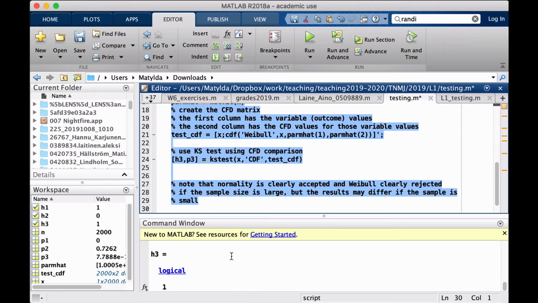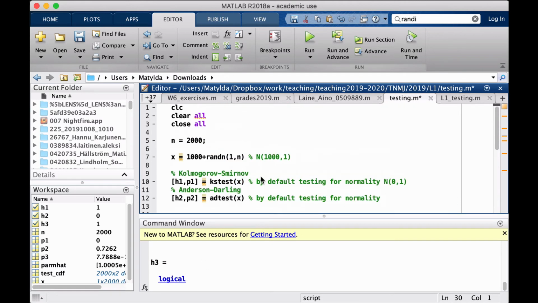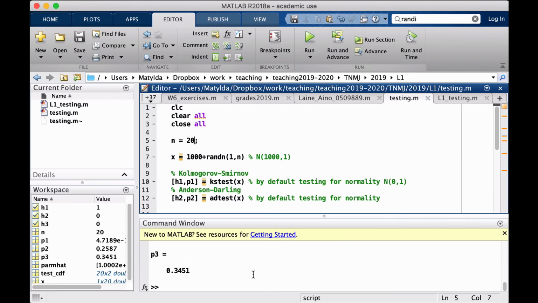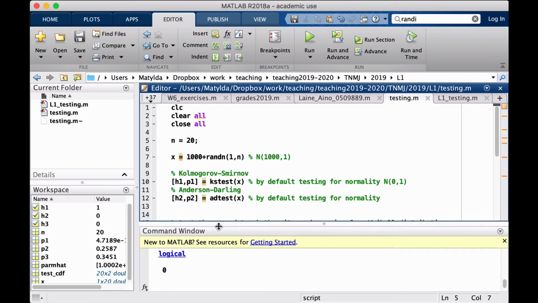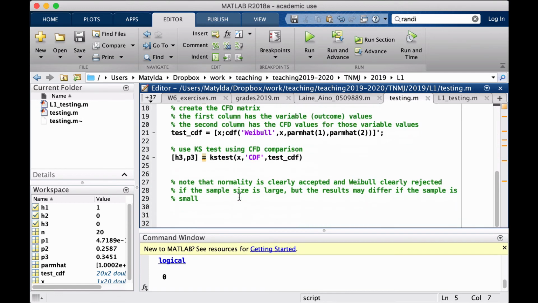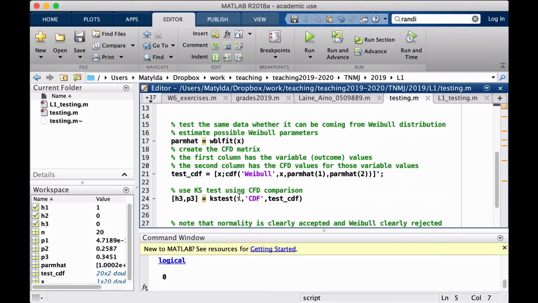And now normality is clearly rejected. We had quite a big sample here, but if we used actually something small, like just 20 numbers, it could happen that we will get this hypothesis accepted because the sample is relatively small, and Weibull distribution in some cases can actually look like closely shaped to normal.